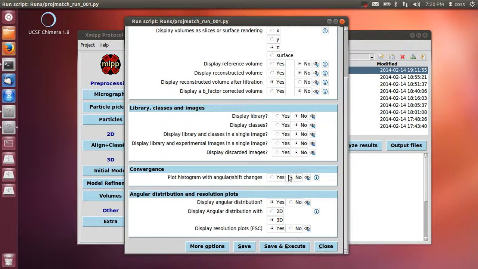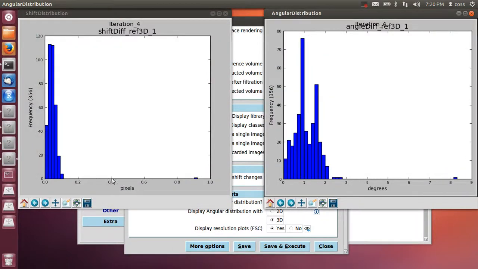You may also see how the shifts and the angles were changing from one iteration to the next. For instance, here we are at iteration 4. From iteration 3 to iteration 4, 10 images didn't change angle, then 20 images changed 0.2, then 15 images changed 0.